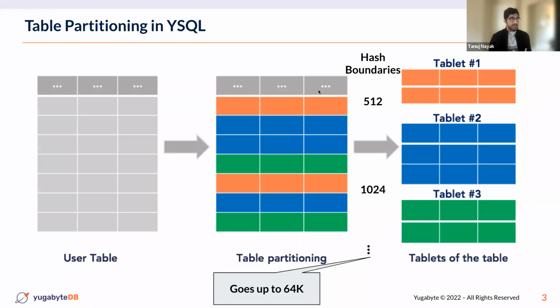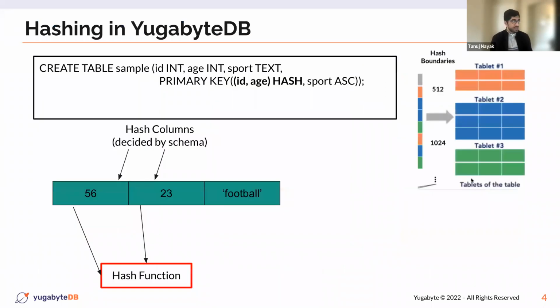For example, this orange row here might have a hash value of, let's say, 500. As this diagram suggests, every tablet consists of a range of hash values. The first tablet has hash values from 0 to 512. Hence, any row whose hash value is 500, in this example, will go to tablet 1, and so on and so forth.